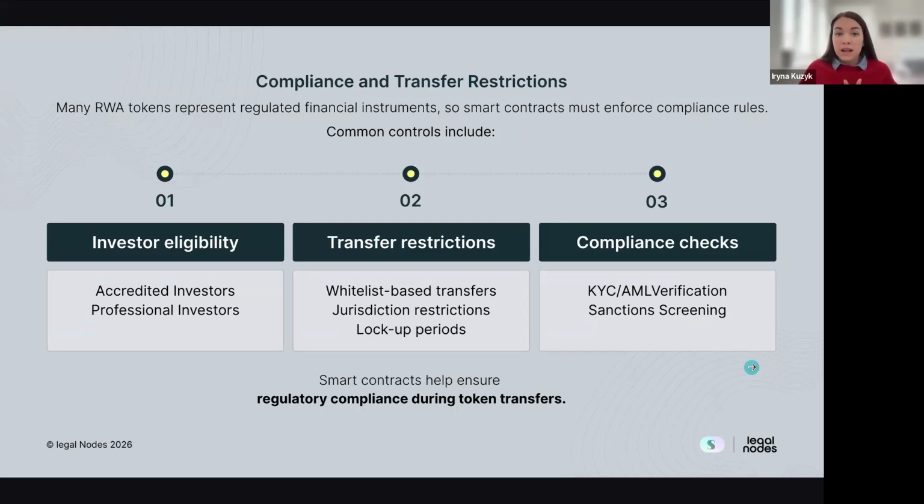So smart contracts can enforce transfer restrictions so that tokens only move between verified investors, eligible investors, if the token is specifically designed only for institutional and qualified investors, for example. This is one of key advantages of tokenization. Compliance rules that traditionally rely on intermediaries or human can be partially automated through the token infrastructure.